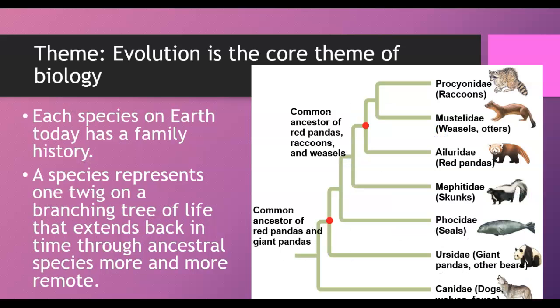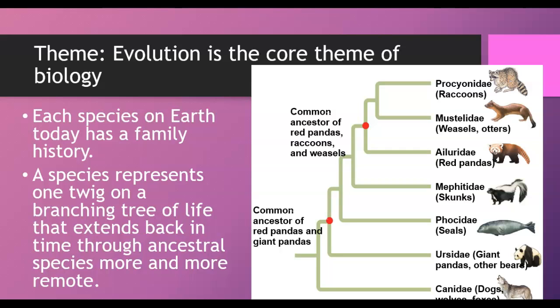A lot of times we show these hereditary relationships in a cladogram or a phylogenetic tree, a sort of family tree that shows where modern species may have evolved from common ancestors. Here you can see a number of different animals, from dogs to bears to seals, skunks, red pandas, weasels, and raccoons, all somewhat related.